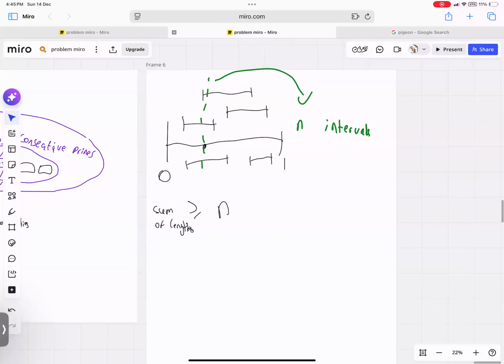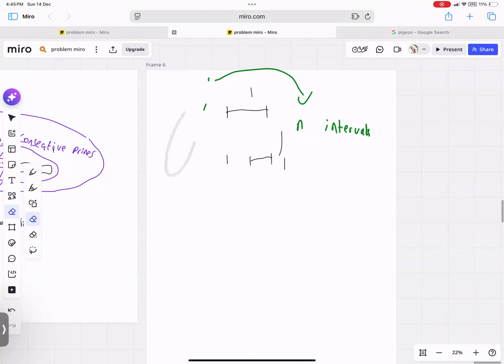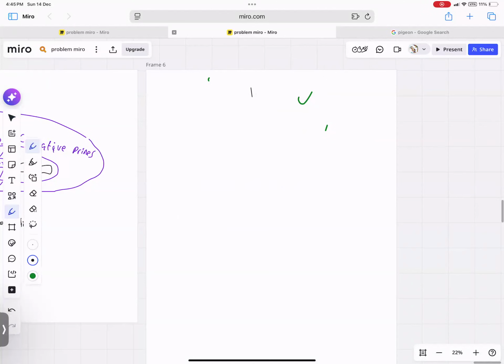Okay, so I'll draw it a bit more colorfully. You have some segment of length 0 to 1.